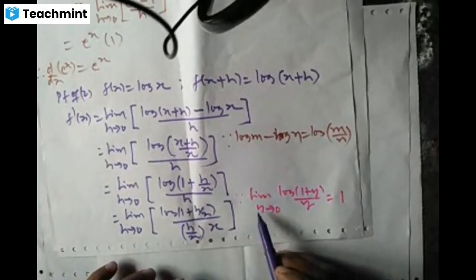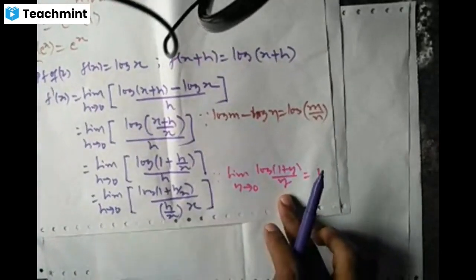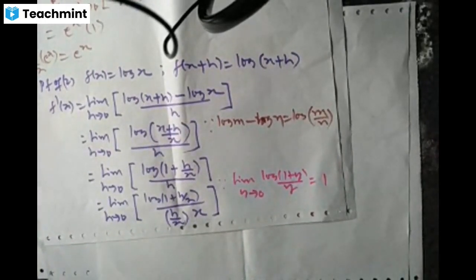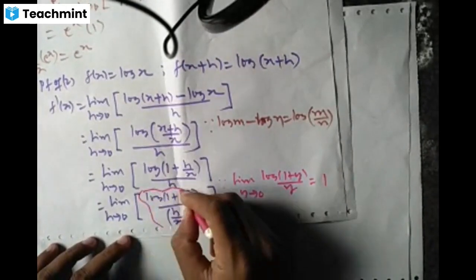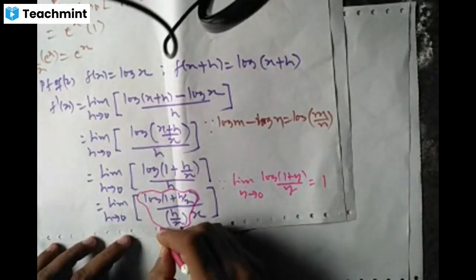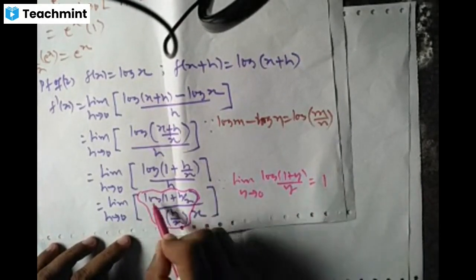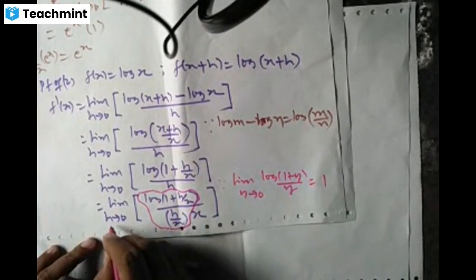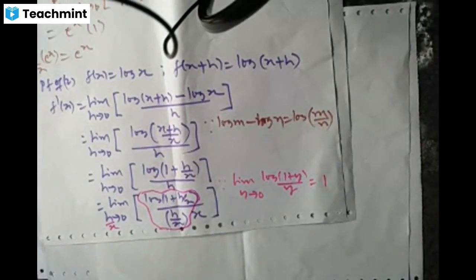Now I am going to use this standard limit. Using this standard limit of log of 1 plus h by x by h by x, the limit of this function becomes 1. As h tends to 0 is the same as h by x tends to 0, both are one and the same.